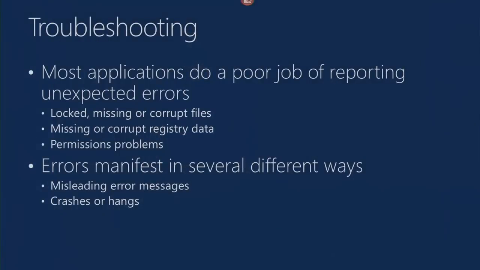The reason that we even have to have a session like this is that applications generally do a pretty poor job of reporting problems. The fact of the matter is that developers spend their time on the regular paths, the kinds that they test in their dev labs, their build labs, their test environments, in their betas, where the applications are accessing the registry keys they expect to access, finding the files they expect to access, and generally performing well.